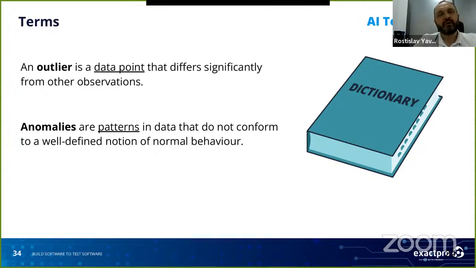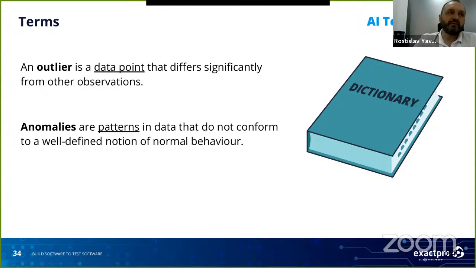Usually we speak about outlier when it's a data point, usually in rather small dimension systems. So if your system could be described by about one or two parameters, and you see that this parameter deviates from normal, then we usually call it an outlier.